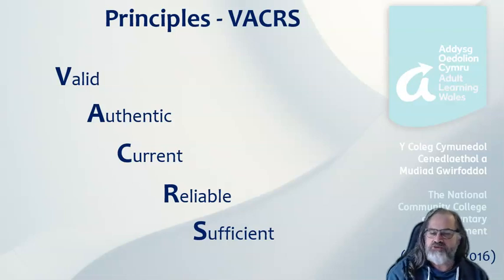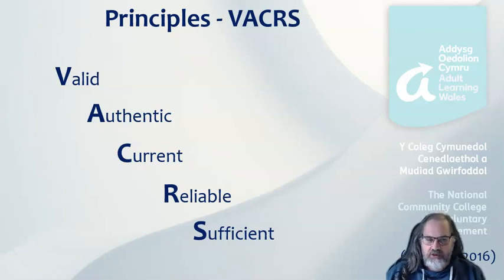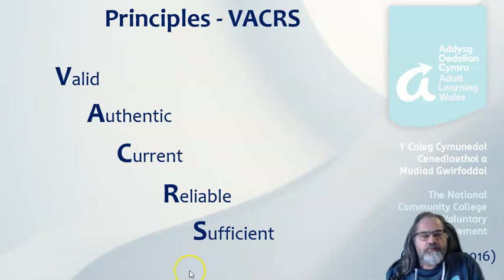This is where you use standardization meetings and follow organizational policies. You might engage in second marking with other tutors to make sure that no one tutor is treating people unfairly or differently to anybody else. This is also where your IQA will be looking at your assessment and your assessment methods to make sure that it is objective and fair.